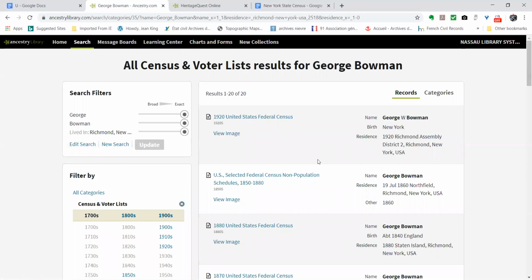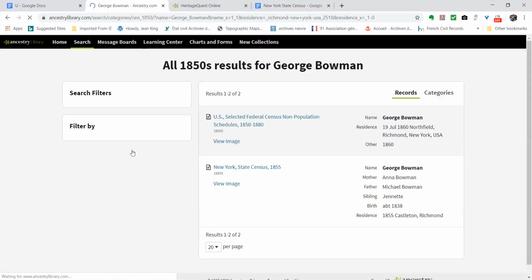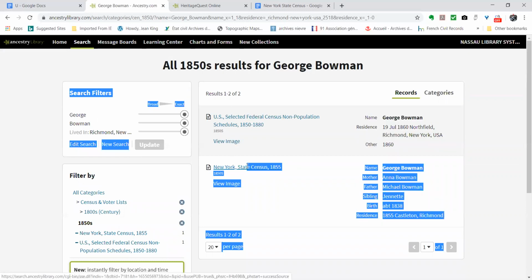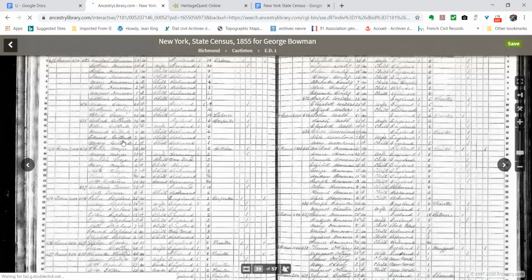All right, so we go to this one. Okay, so here's an 1855 New York Census record.